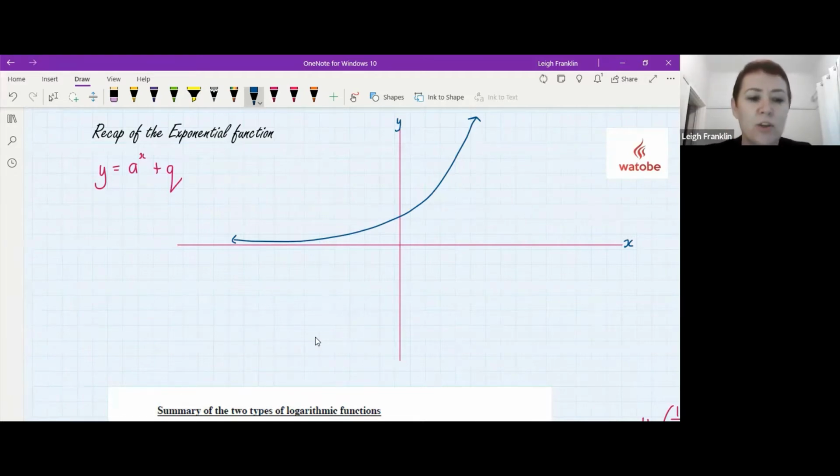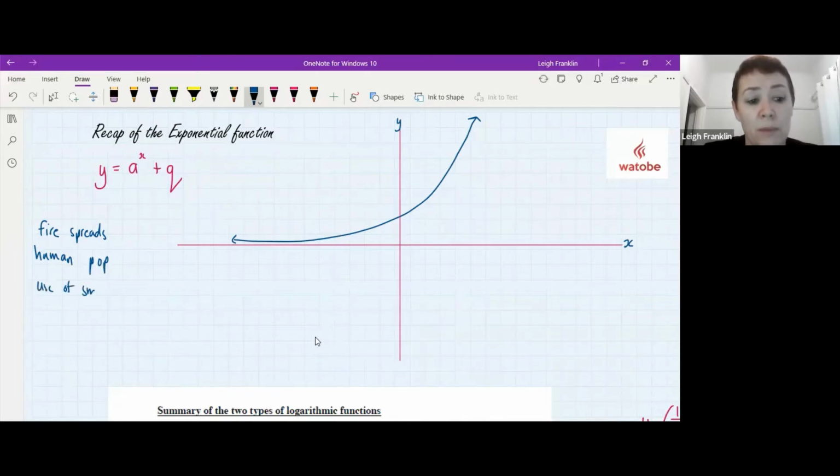A few examples of this in real life would be the way fire spreads, human population growth, and the use of smartphones.